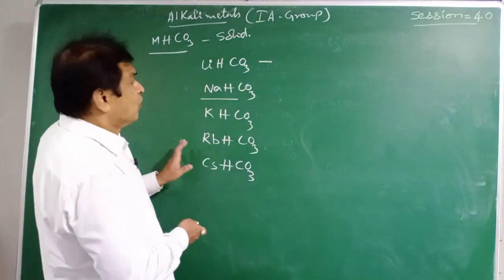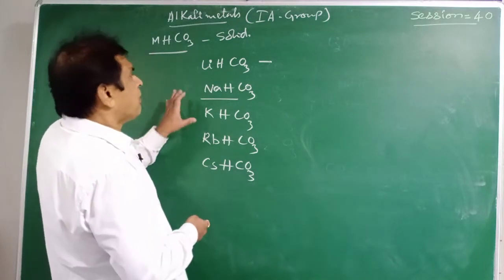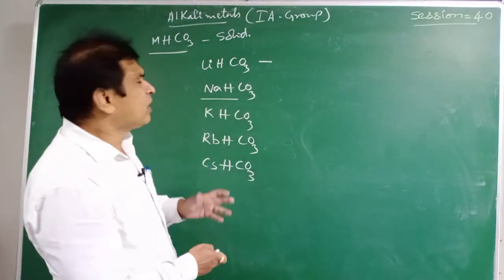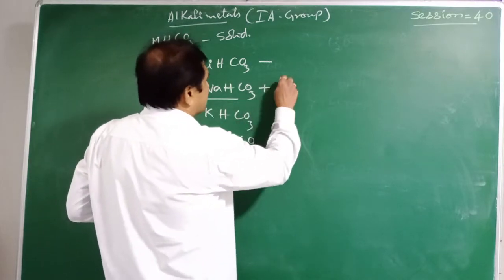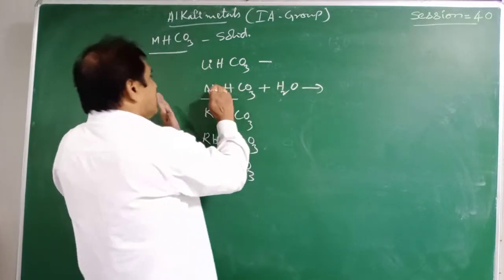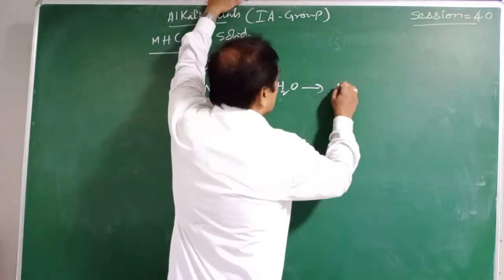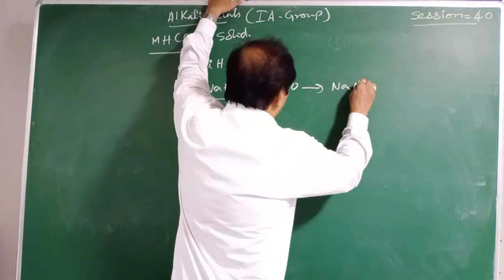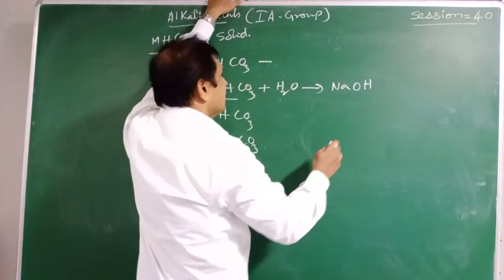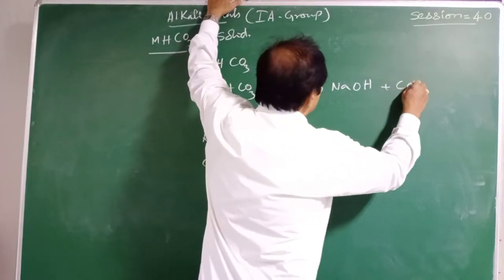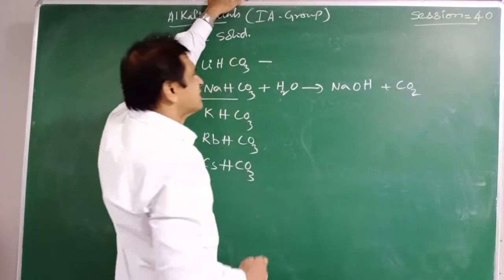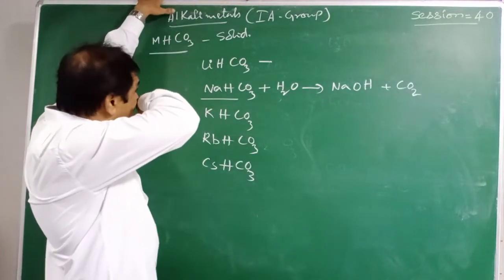Now what is the nature of the bicarbonates? Bicarbonates are basic in nature because when dissolved in water, they give the corresponding hydroxide, that is NaOH, and CO2 gas is liberated. According to that we can balance the equation.